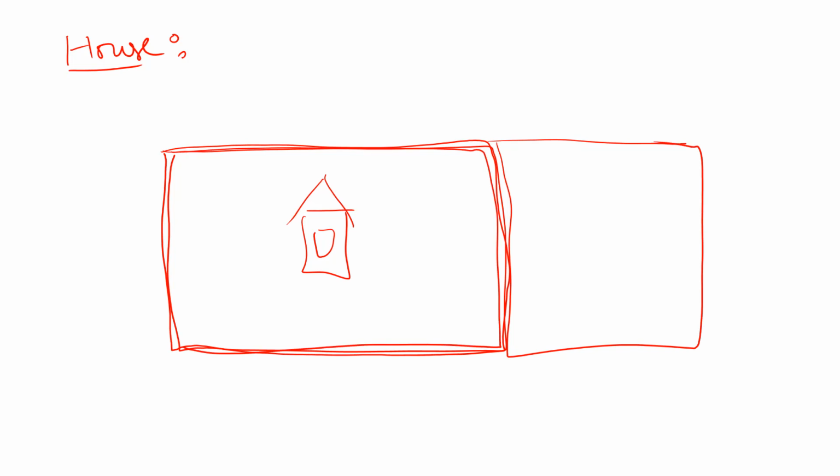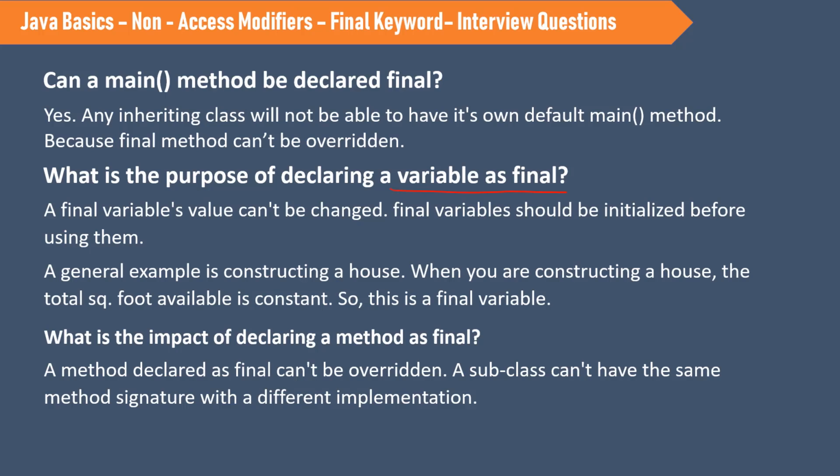The total number of square foot that you have is constant, you cannot change that one. So you can declare this total number of square foot available for you as final because this cannot be changed. That's a general example.